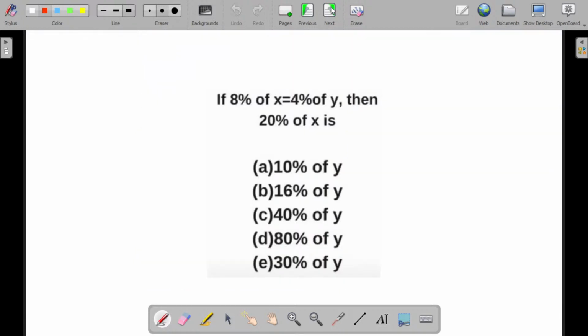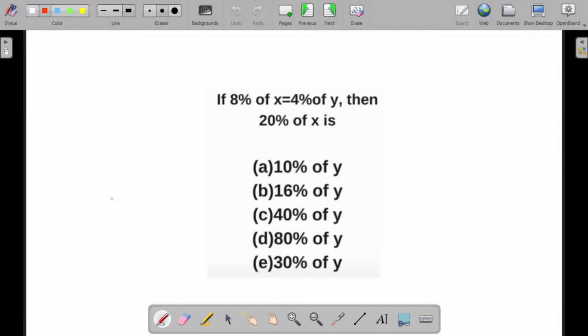Next question. If 8 percentage of x is equal to 4 percentage of y, then 20 percentage of x is. Very simple. Within 10 seconds, you need to answer this one.